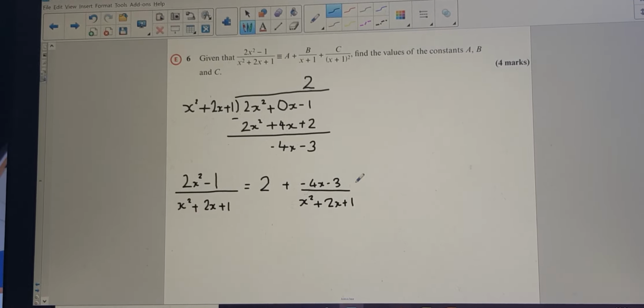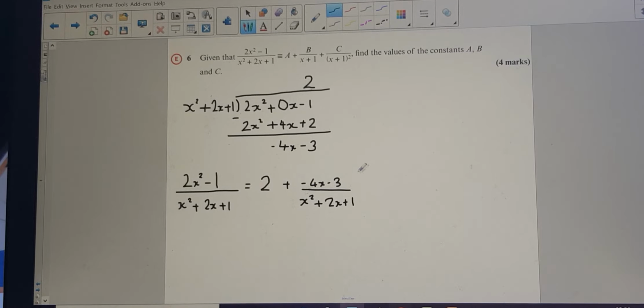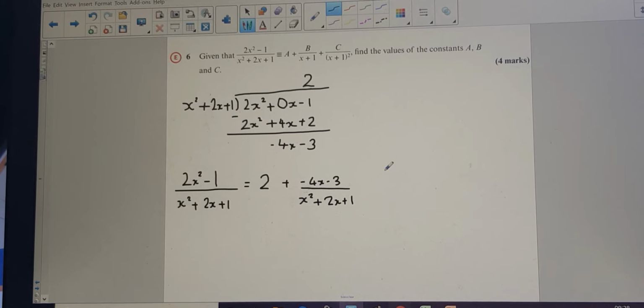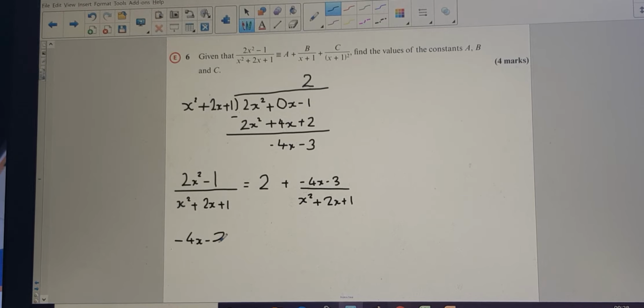So now I just need to express this fraction in the form b/(x + 1) + c/(x + 1)². So if I have −4x − 3 over, and if I think about it, this factorized is (x + 1) all squared.